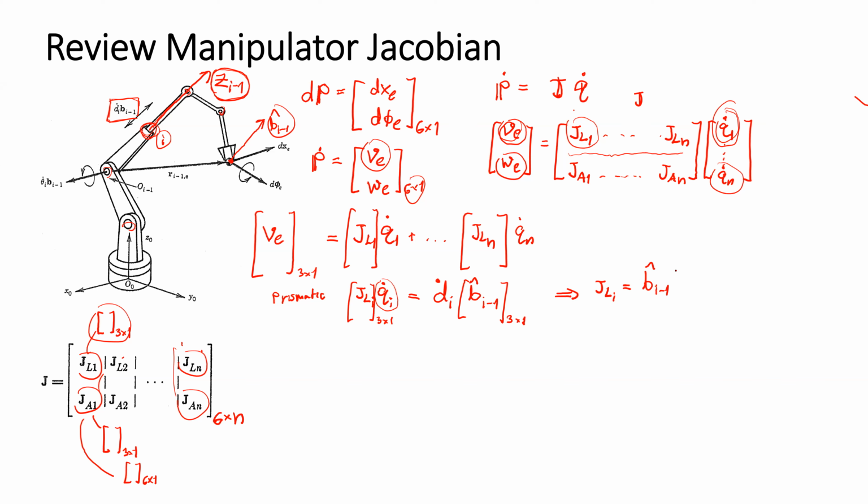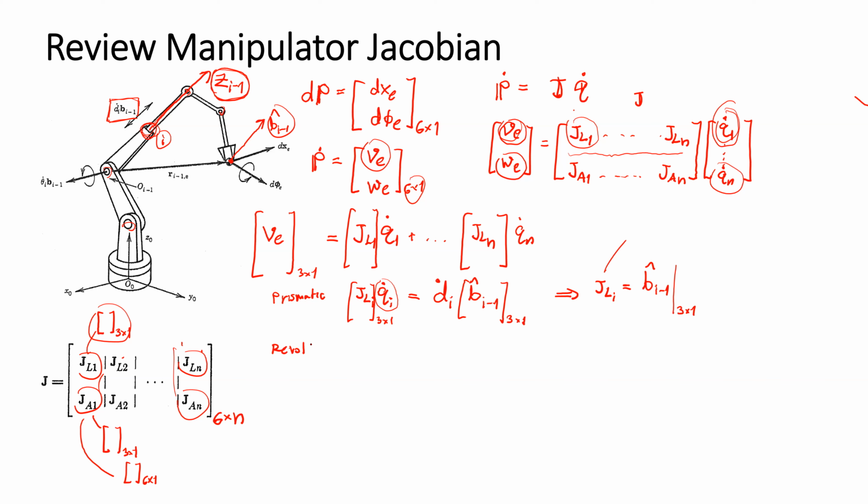But please note that the b(i-1) unit vector has the dimension of 3 by 1. And the Jacobian for the linear velocity also has the dimension of 3 by 1. This is for prismatic. How about if the joint is revolute?